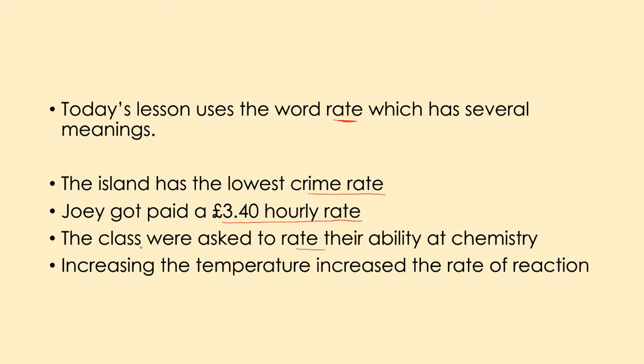If you're asked to rate your ability at something, then that's just placing yourself on a scale, so that's not quite as useful for the chemistry. And increasing the temperature increases the rate of reaction. So this one here is not quite as useful. But in both of these, we're talking about how something changes over a period of time, and that's the same as the rate of reaction.